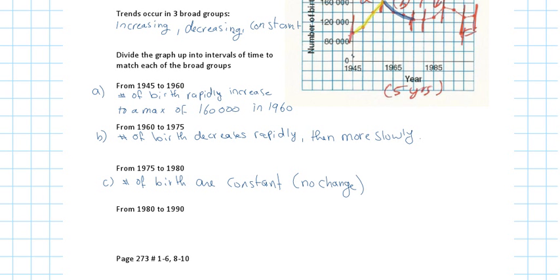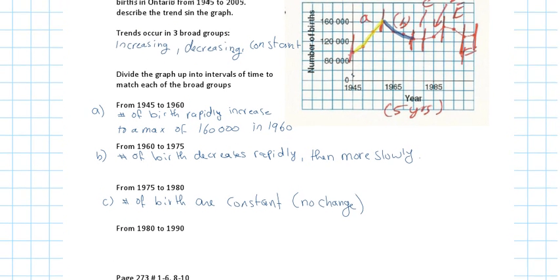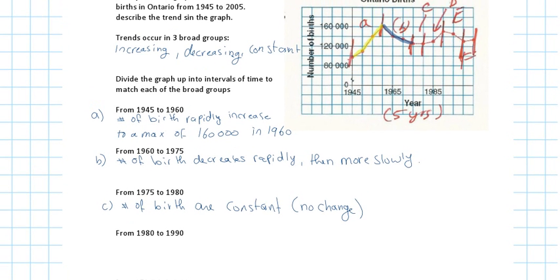Now, what can you tell me about the next part? About this part right here. Slowly increases at first, then rapidly increases. Okay, and that's between the year 1980 and 1990.